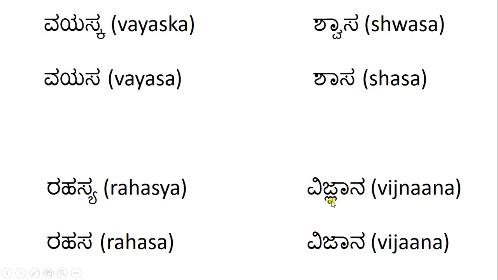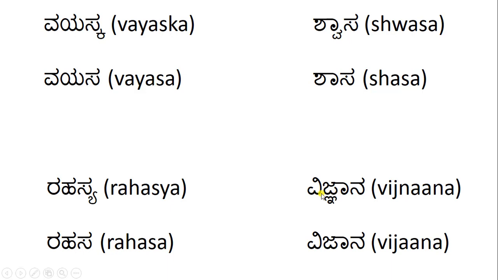But as I said, there is no separate symbol for jna, jnai, jnu, jne, jnai and all those things. We just have one symbol. But then how do we represent jna? We represent it by writing this as a.